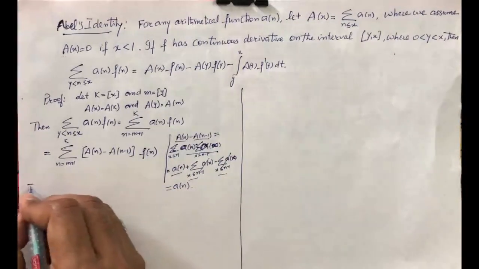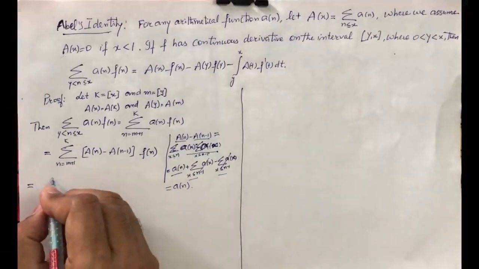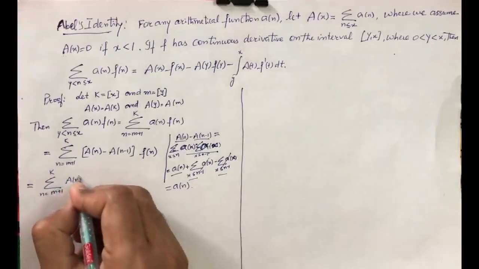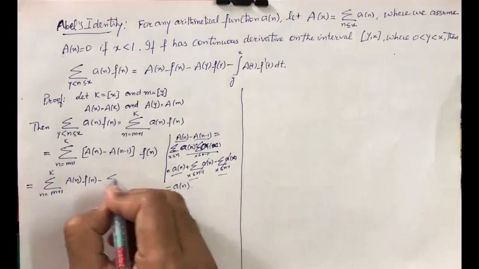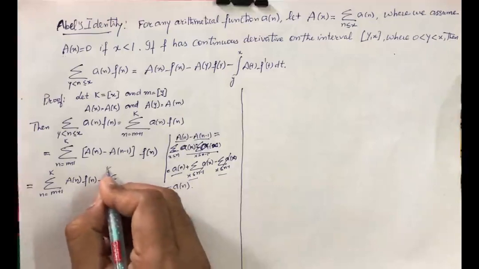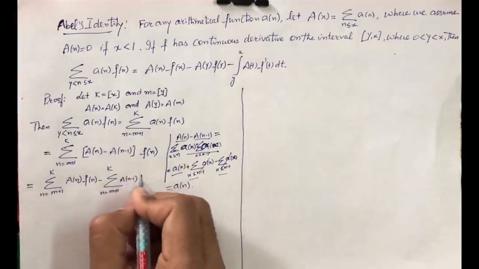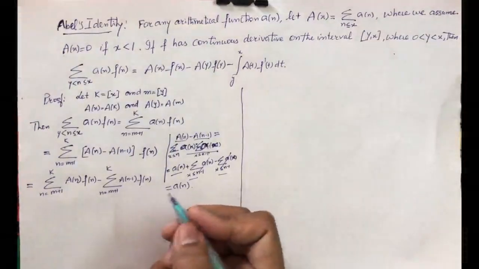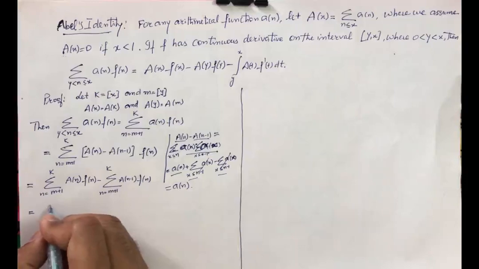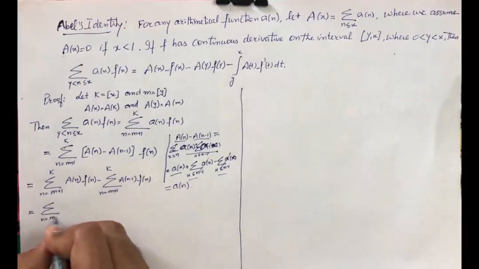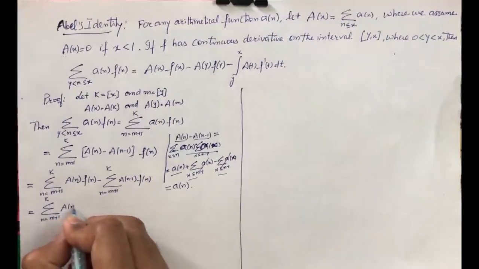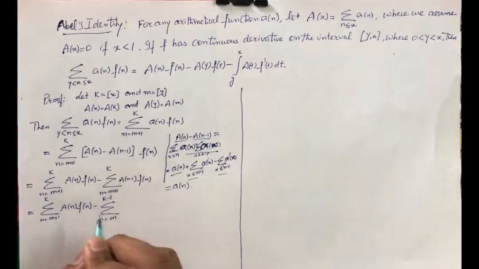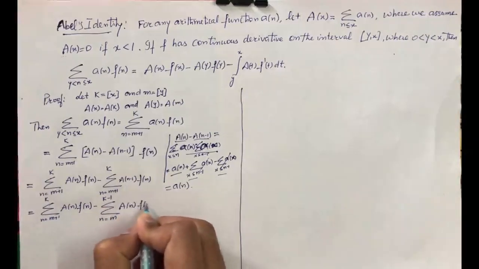Now separating the summation into two terms, the summation n from m plus 1 to k of capital A(n) f(n) minus the summation n from m plus 1 to k of capital A(n minus 1) f(n), which may again be rearranged in the form, first summation as it is, minus the summation n from m to k minus 1 of capital A(n) f(n plus 1).